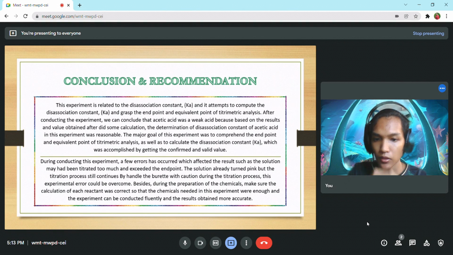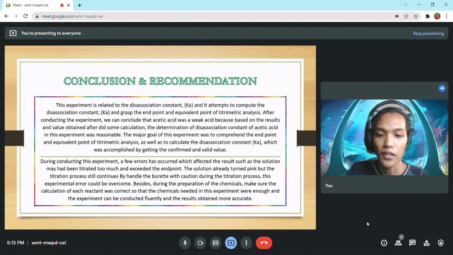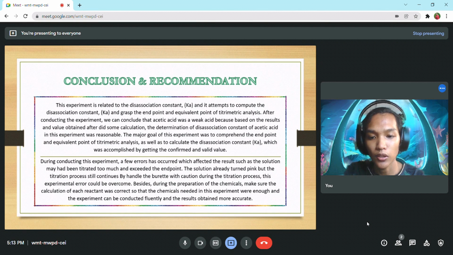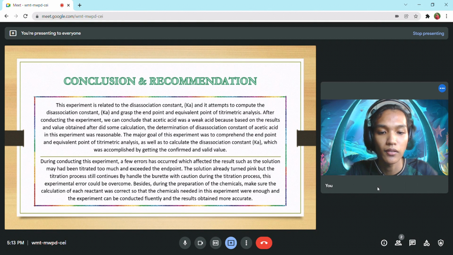Besides, during the preparation of the chemicals, make sure the calculation of each reactant is correct, so that the chemicals needed in this experiment are enough and the experiment can be conducted smoothly and the result obtained is more accurate.